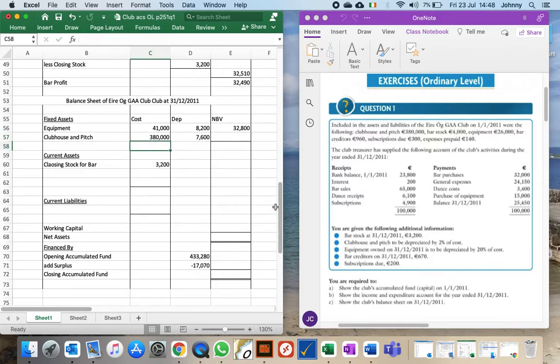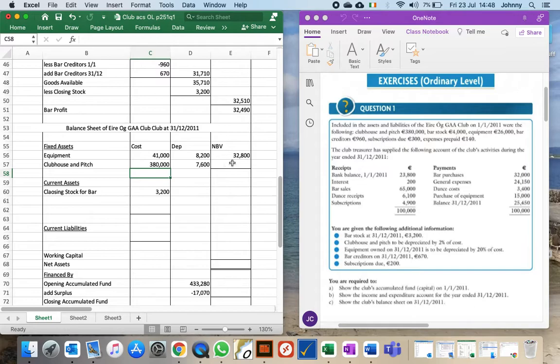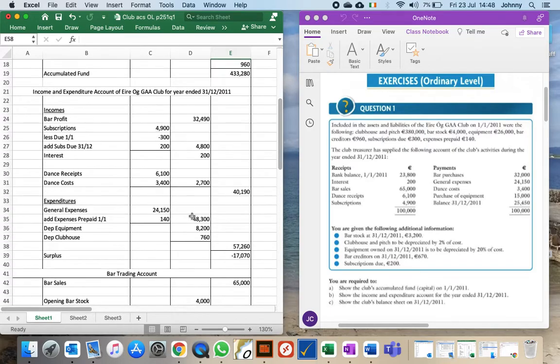So that means that should be 7,600. So I made a mistake then with my expenses, so I need to go and adjust those. Oh, and I made another mistake there. So general expenses prepaid should be that plus that. Yeah. Okay.